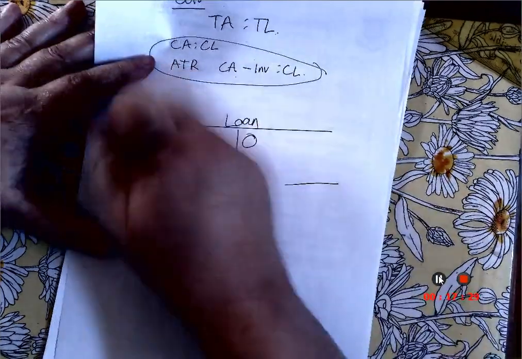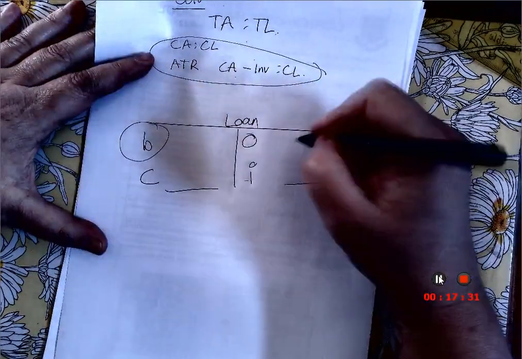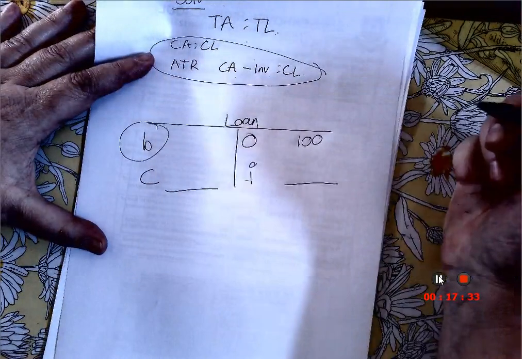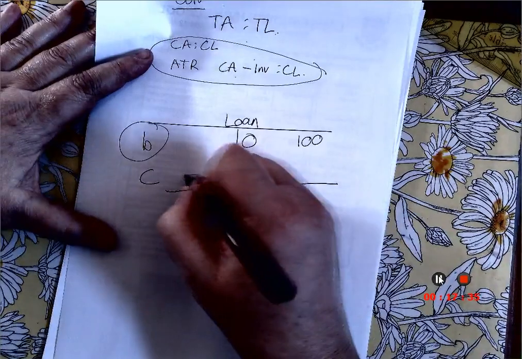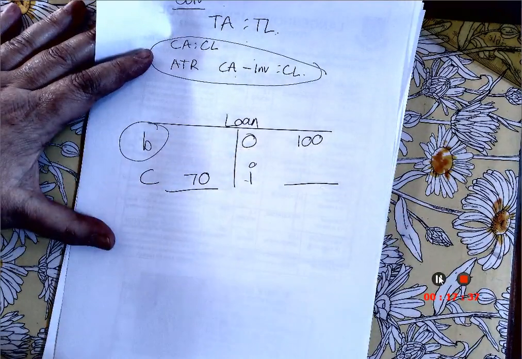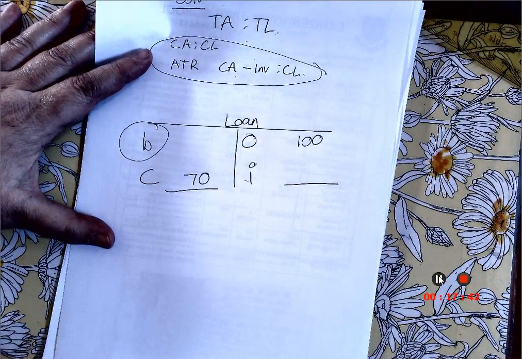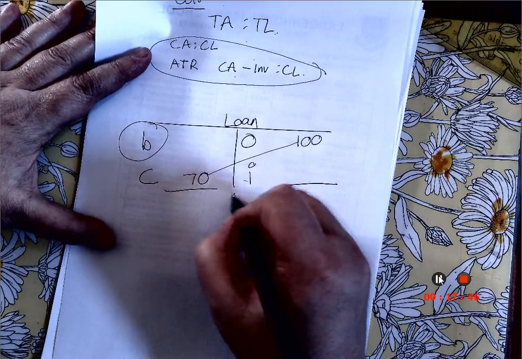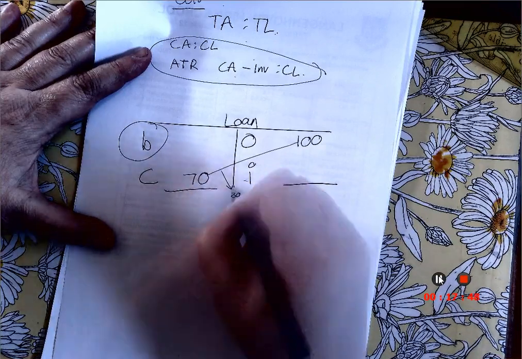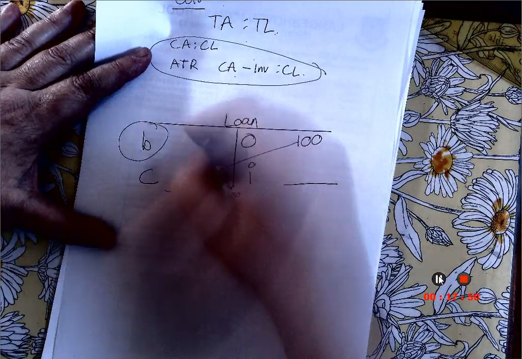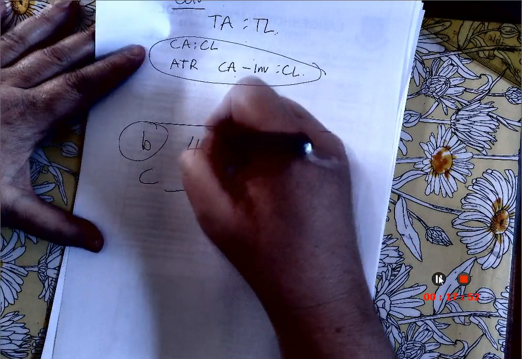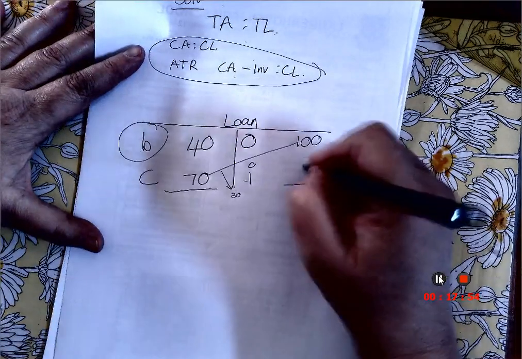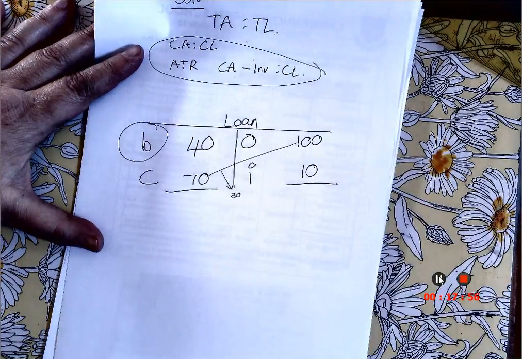Let's say my opening is 100, and my closing is 70. Now, I know I paid back 30 Rand on the loan. Let's say my bank here is 40. Then it means my interest is 10.